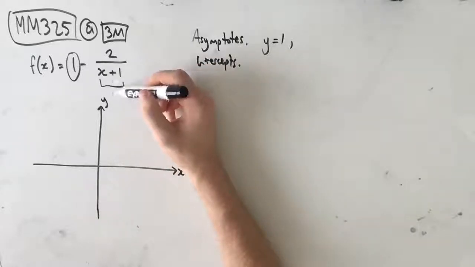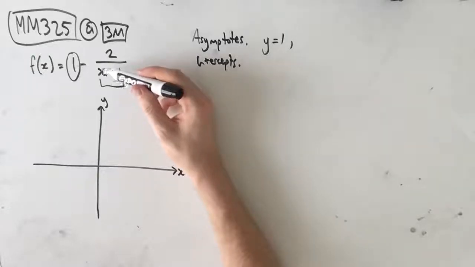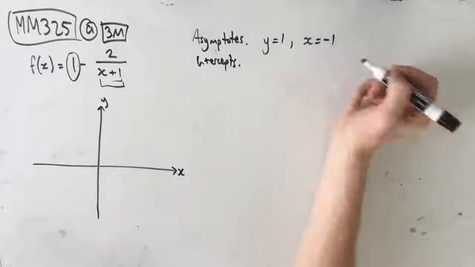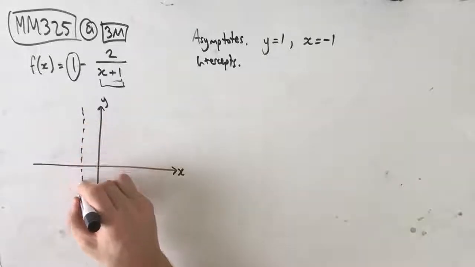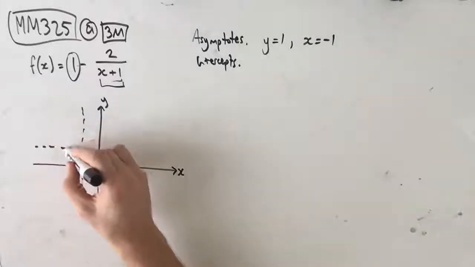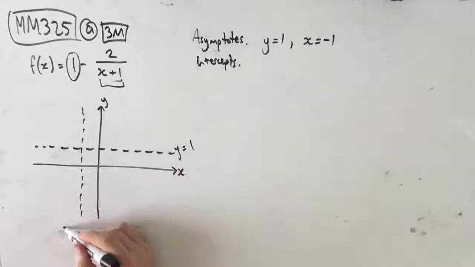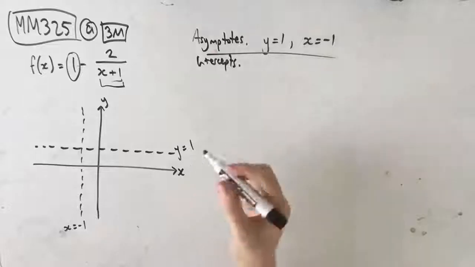Okay, so the other rule of thumb is you could just take the opposite. So this is x plus 1, so your asymptote is going to be -1. So it's like the opposite of that, which means we have x equals -1. So let's draw that straight away. So we get asymptote at -1, asymptote at 1. We need to label these, so y equals 1, x equals -1. That's our asymptotes done. So now we can do our intercepts.